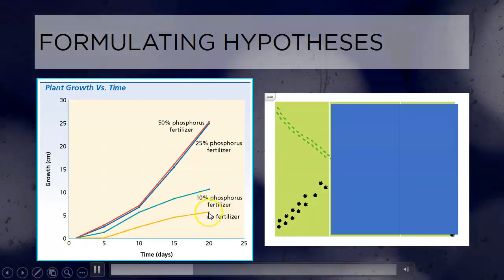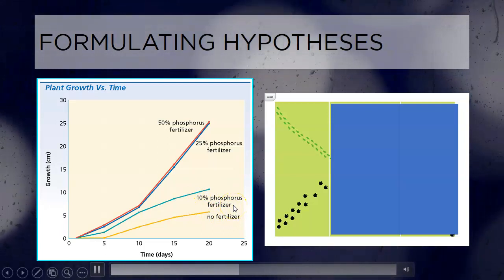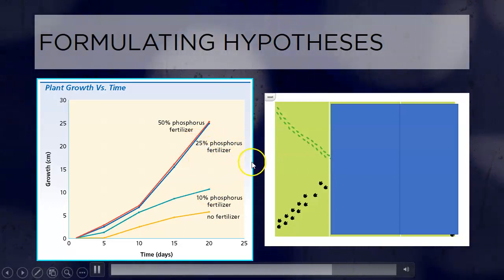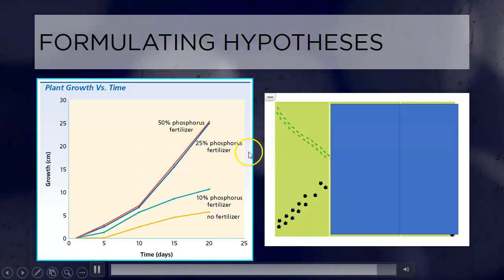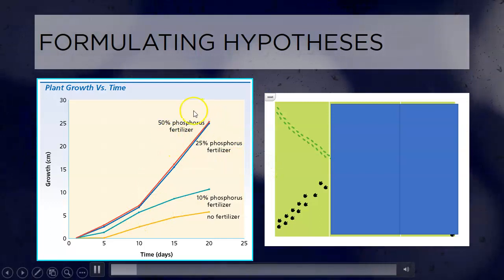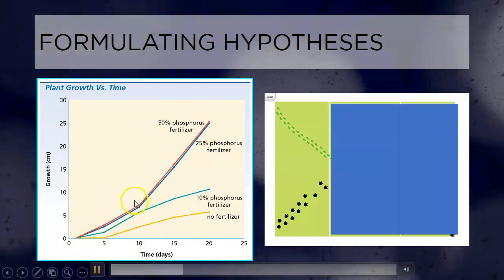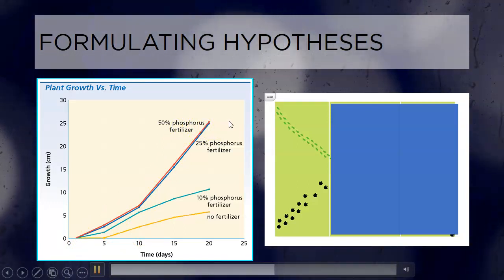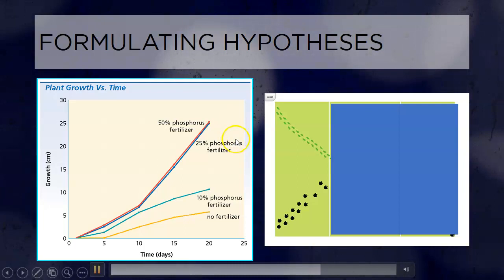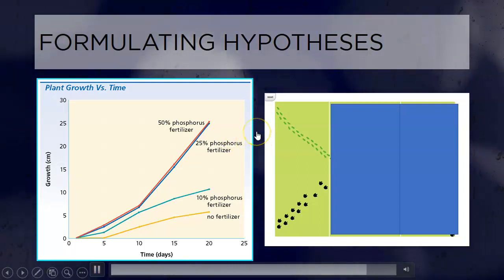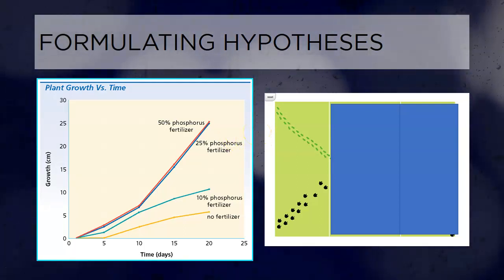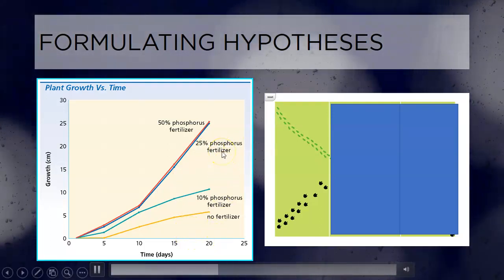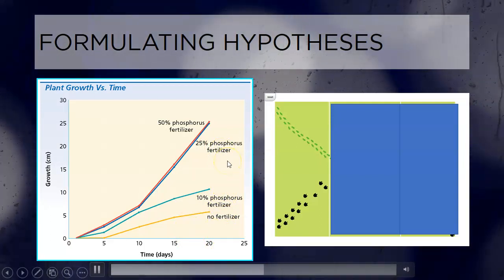And that would definitely support that hypothesis. And then even further supported would be if I use 25% fertilizer. However, it doesn't always work that way because if I double it to 50%, I get about the same plant growth. So there's a limit to my hypothesis. So I would have to revise that and say something like, up to 25%, if I add more phosphorus to my fertilizer, I will obtain more plant growth.